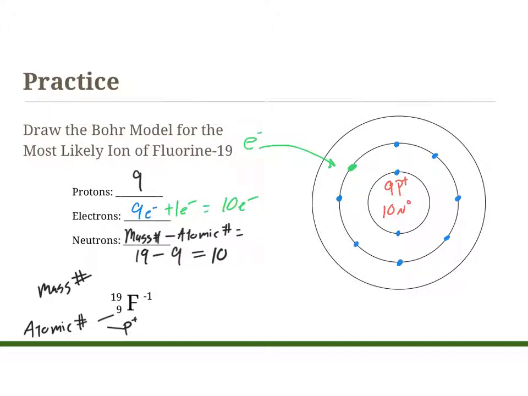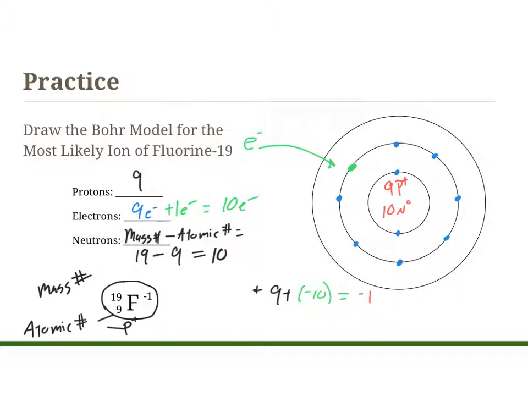So those 10 electrons now give this a charge. And as a result, 9 protons plus 10 electrons will equal an overall charge of -1. So in this case, I know that fluorine's charge is going to be a -1, which is what we have down here.